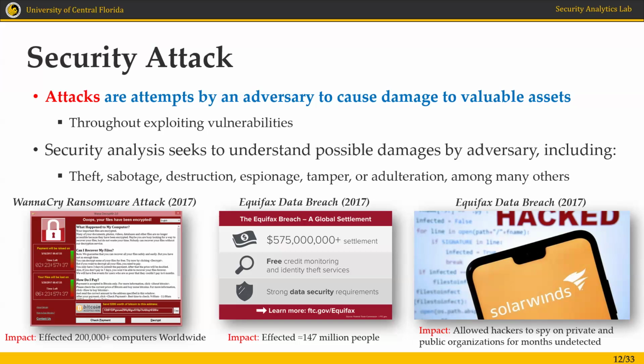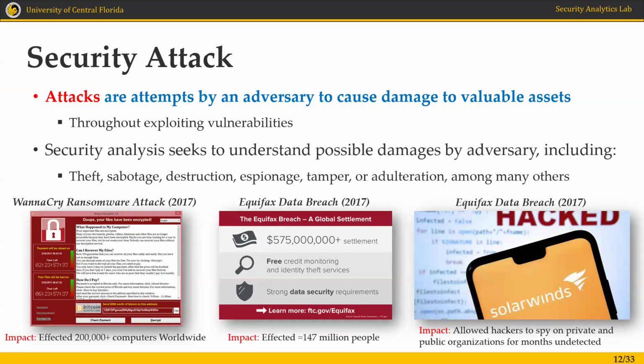Here are security attacks. Those attacks are attempted by adversaries, malware adversaries, to cause damage by exploring vulnerabilities in the system, and the security analysis tries to understand the damages, whether it's theft, sabotage, espionage, tampering, and much more. One of them is the WannaCry ransomware attack, which happened in 2017 and affected over 200 computers worldwide.